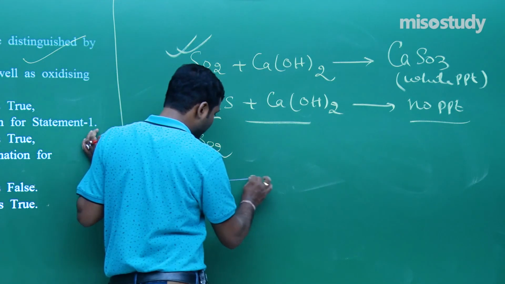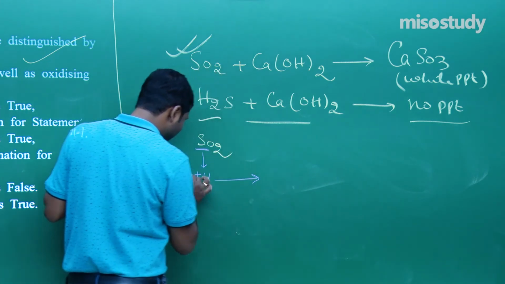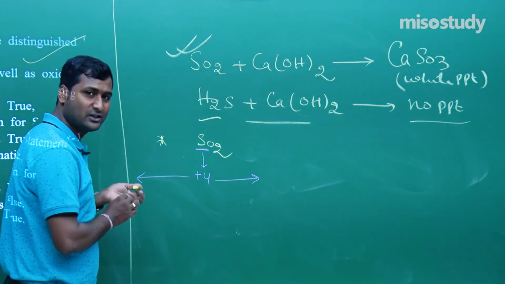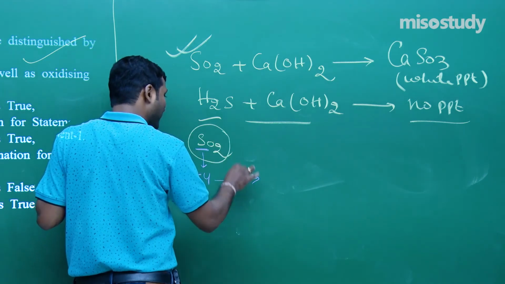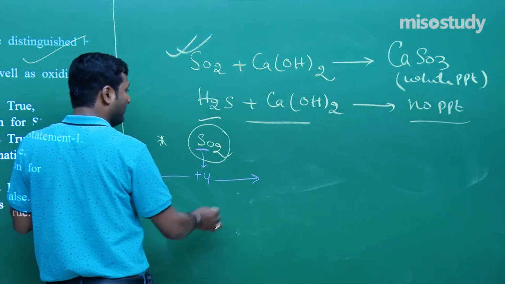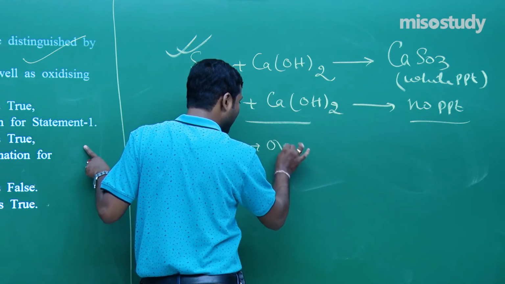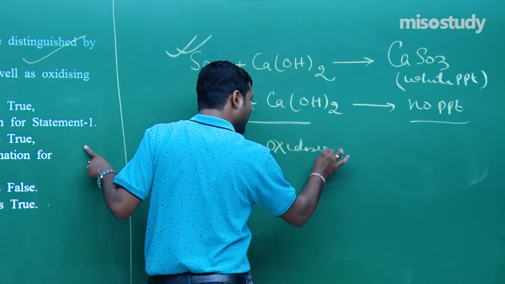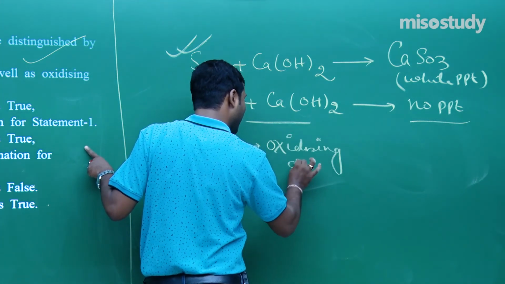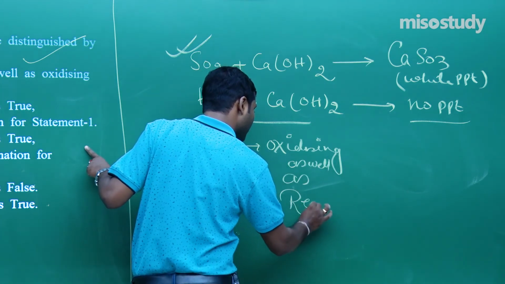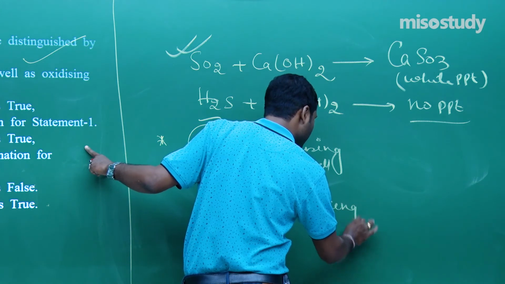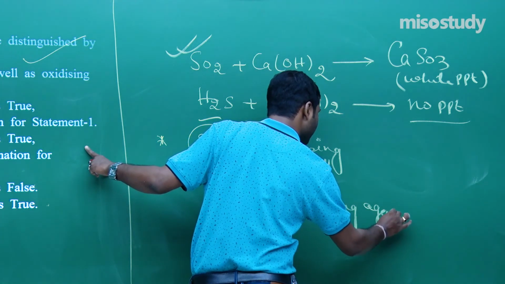It can increase its oxidation state and it can also decrease its oxidation state. That is, there may be an increment, there may be a decrement. So it will act as an oxidizing as well as a reducing agent. Definitely this statement is correct.